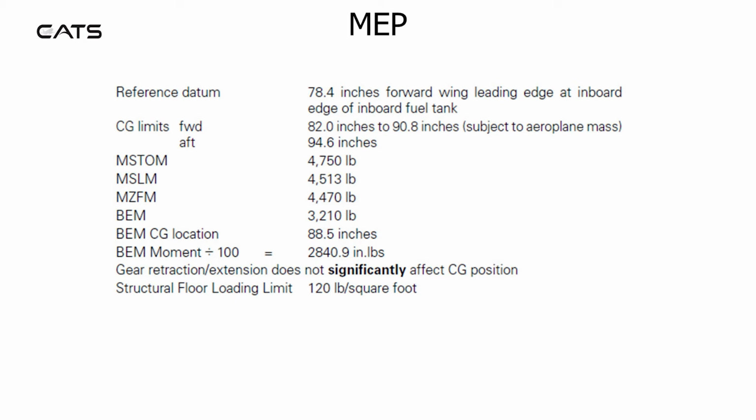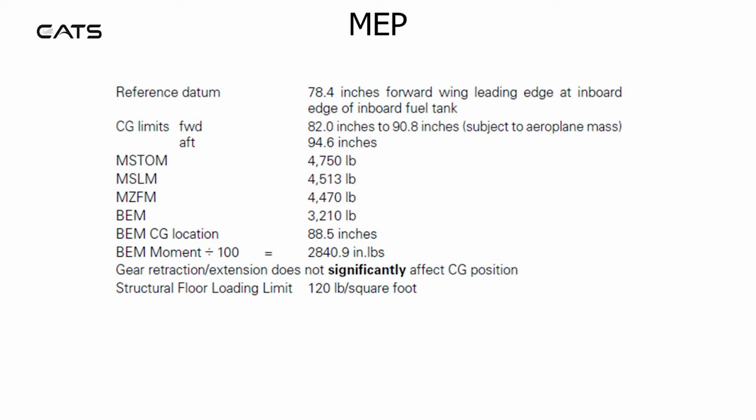The maximum structural takeoff mass is 4,750 pounds, and the maximum structural landing mass is lower at 4,513 pounds. The maximum zero fuel mass is 4,470 pounds, and the basic empty mass is 3,210 pounds, with a CG location at 88.5 inches.